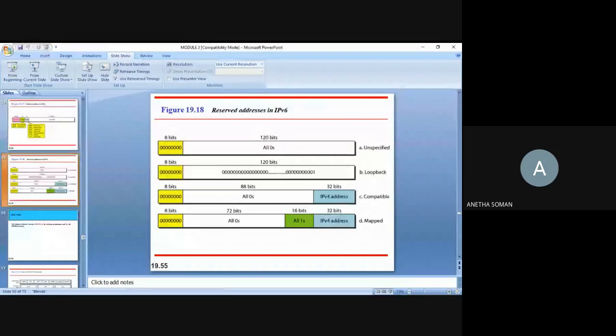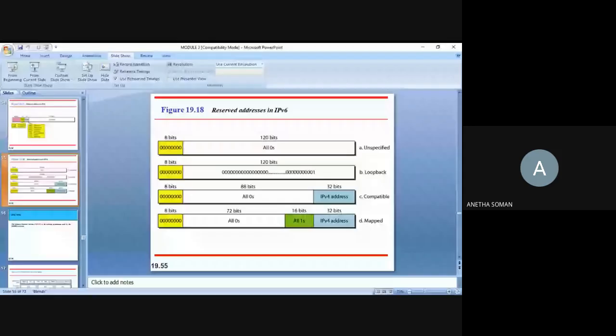Now the third one is the compatible address. It is used if you have a transition from IPv4 to IPv6; you will make use of this compatible address.